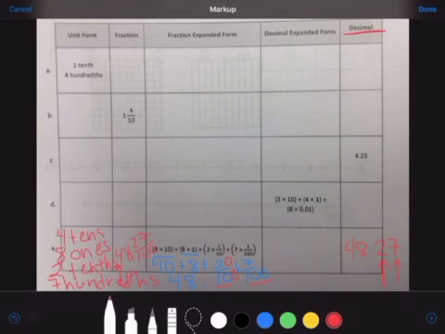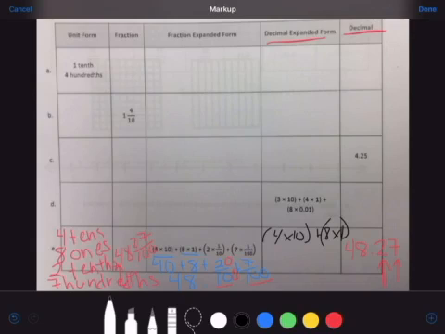Sorry for the writing. So then the last one I have to do is the decimal expanded form. The decimal expanded form is the same as the fraction expanded form for your tens column and your ones column. So I'm going to start with that. I'm going to get 4 times 10 plus 8 times 1.